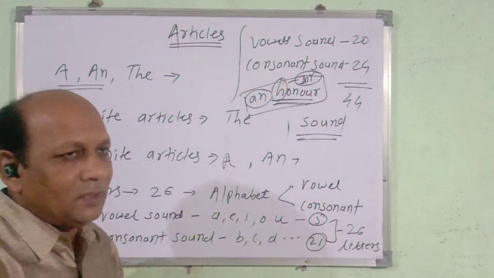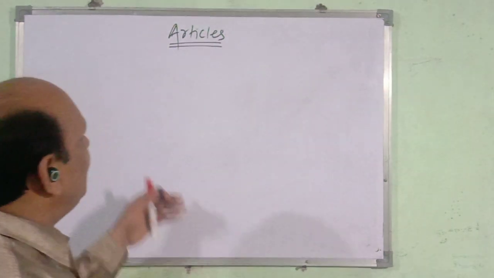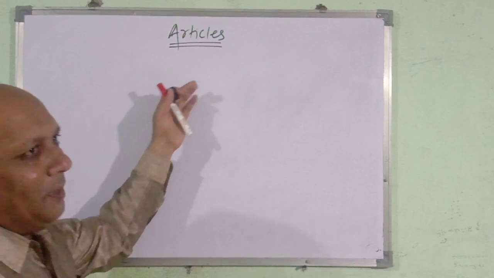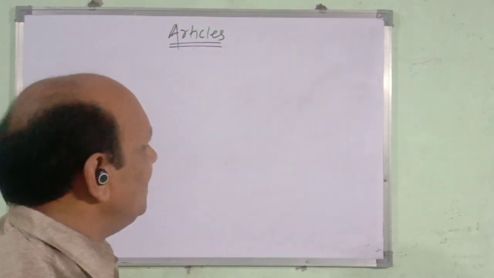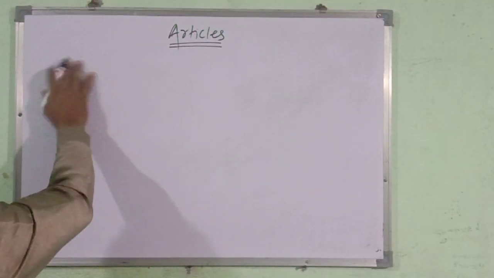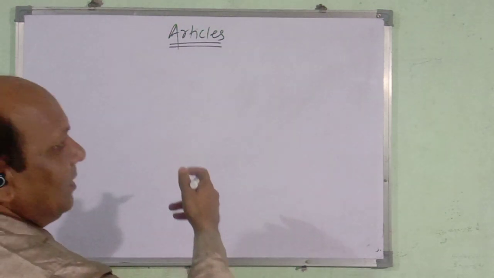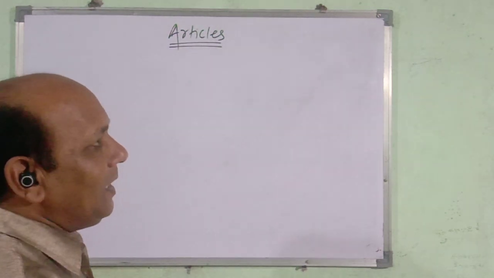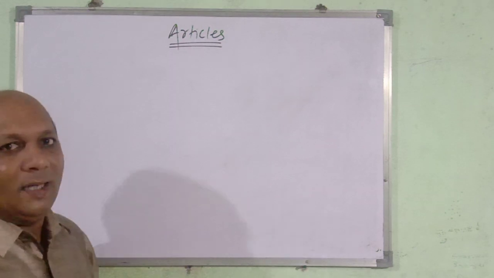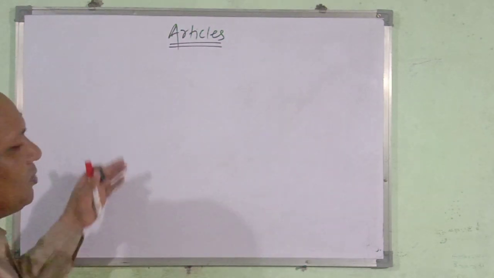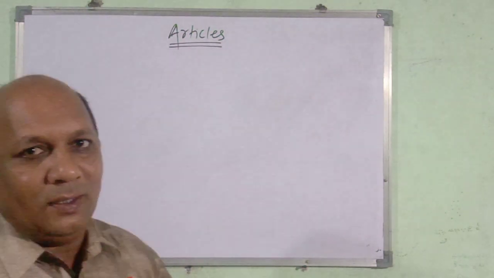We will see afterwards. So dear students, when we are using the article and where we have to use the article, we will see. Okay. When we are using the article, and where we have to use the article, those things must be clarified. We are using the article before the noun.